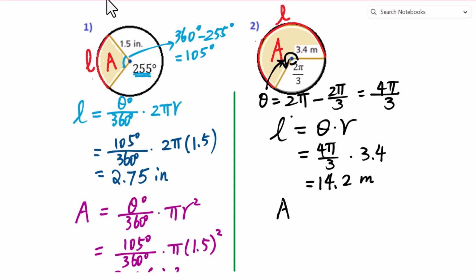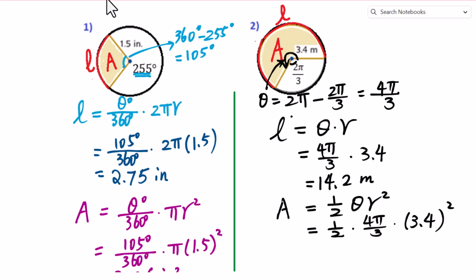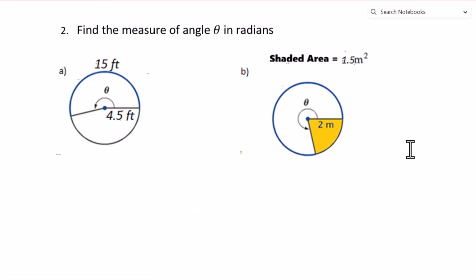For shaded area, we will use 1/2 theta r squared, which is 1/2 times 4 pi over 3 times 3.4 squared. Go to calculator. Equals 24.2 meters squared.